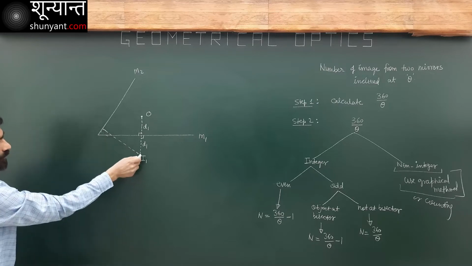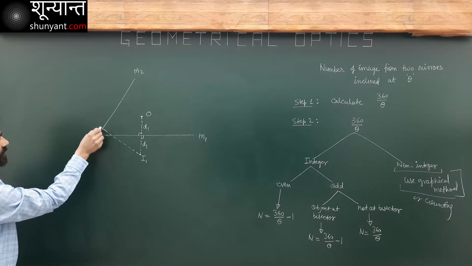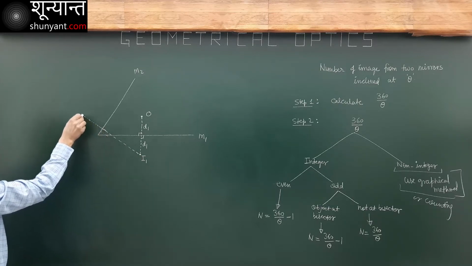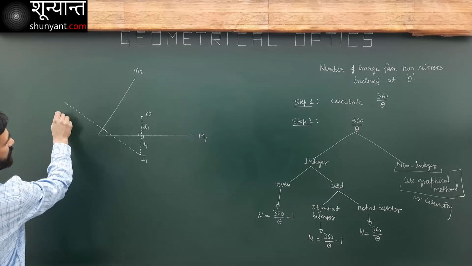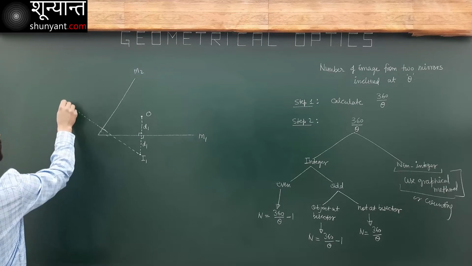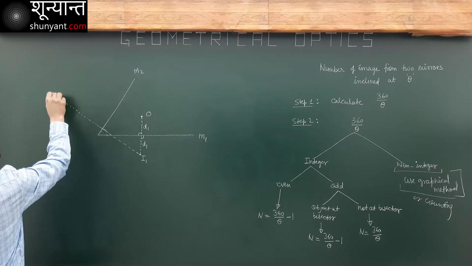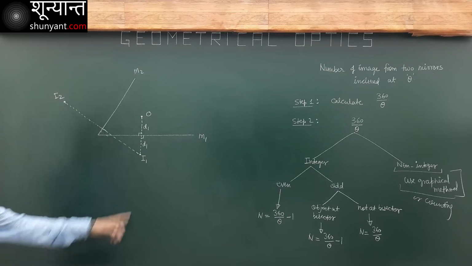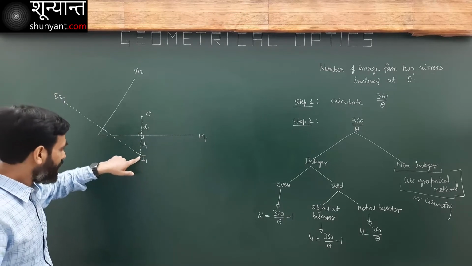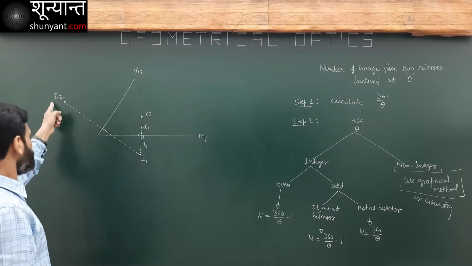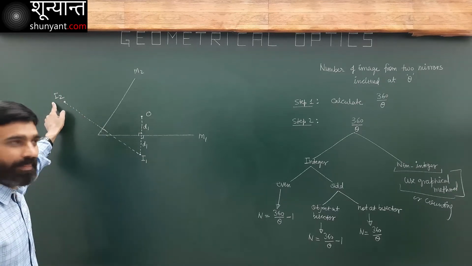The image of this is going to be at the same distance behind the mirror. This is going to be I2, the image from M1, which acts as an object for M2.